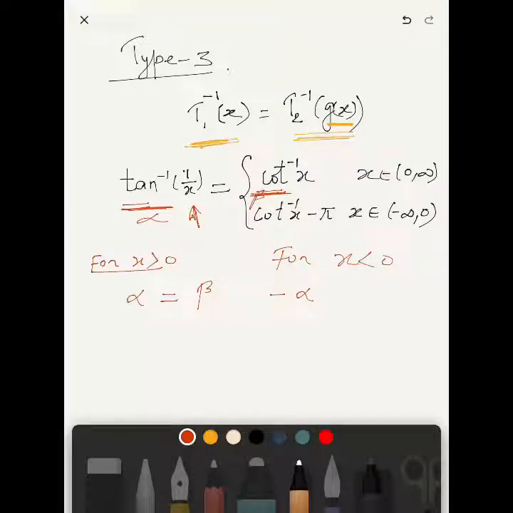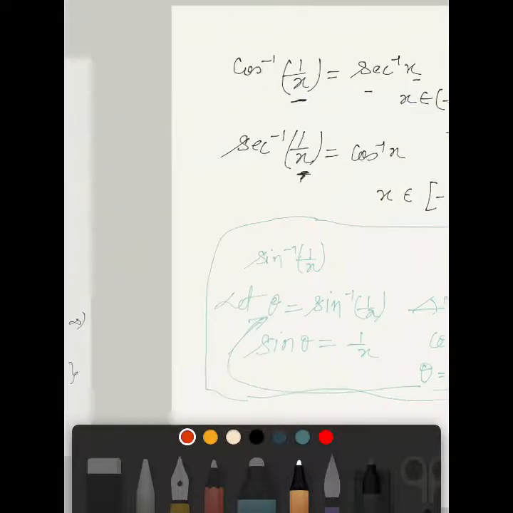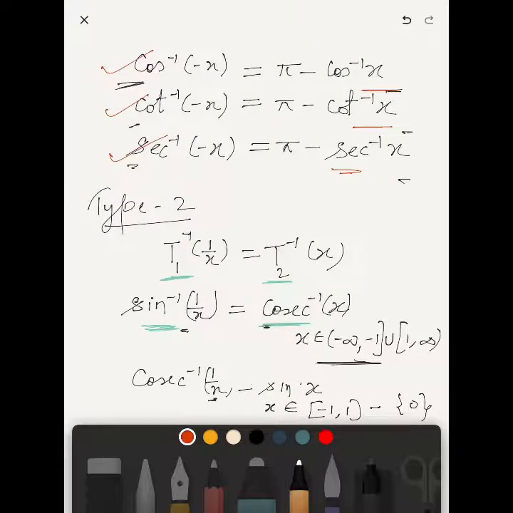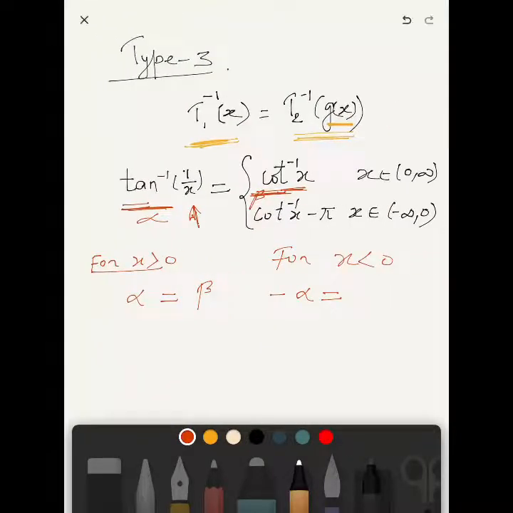And when you give negative to cot, it comes as pi minus beta.